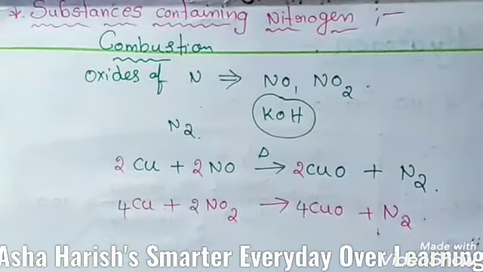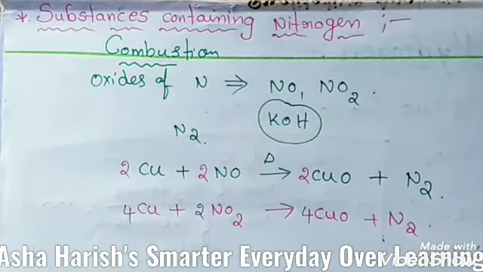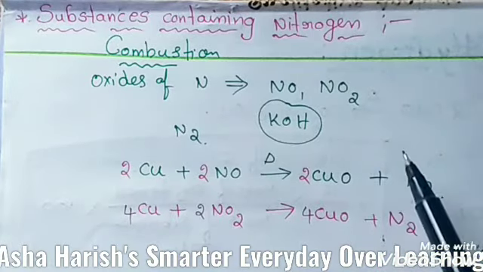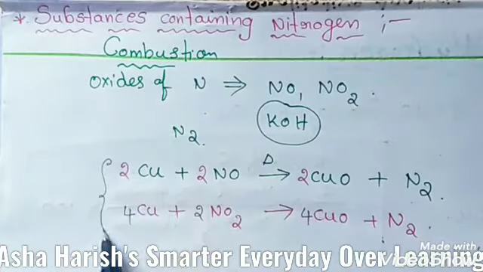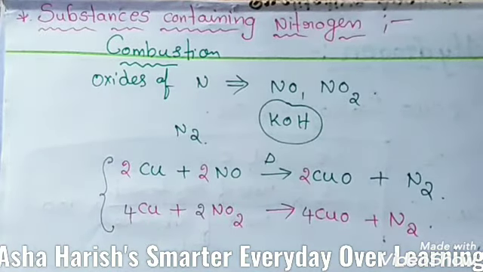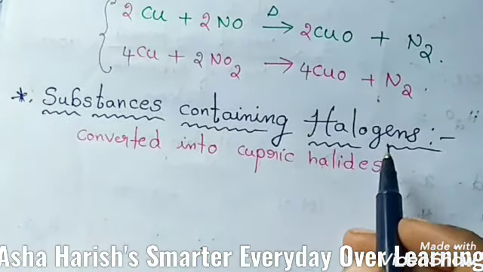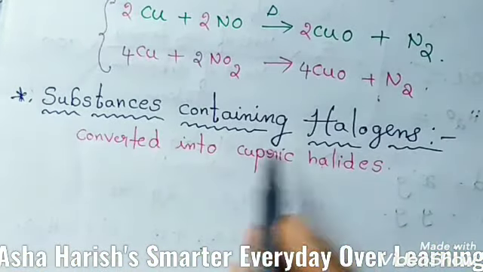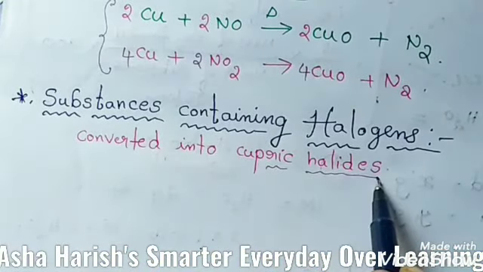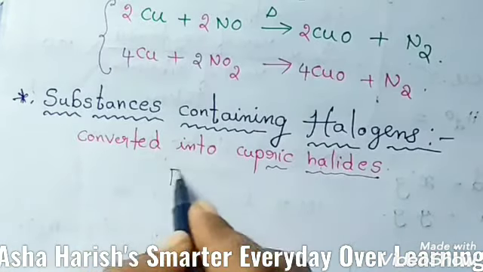If nitrogen is present in that organic compound, then in the tube of the apparatus for estimation of carbon and hydrogen, these two reactions take place. Now substances containing halogens: halogens present in the organic compound are converted into cupric halides, which themselves decompose to form free halogens.